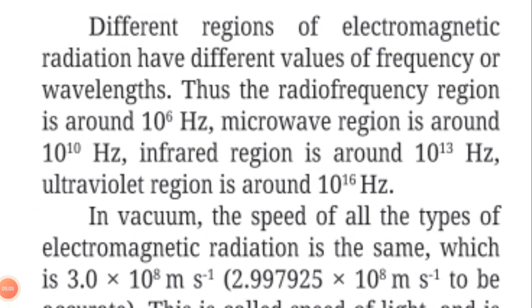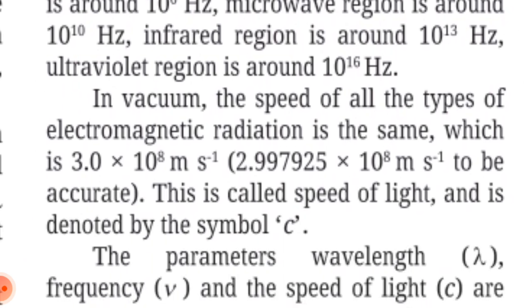Different regions of electromagnetic radiation have different values of frequency or wavelength. Thus, the radio frequency region is around 10 raised to 6 Hz. Microwave region is around 10 raised to 10 Hz. Infrared region is around 10 raised to 13 Hz. Ultraviolet region is around 10 raised to 16 Hz.